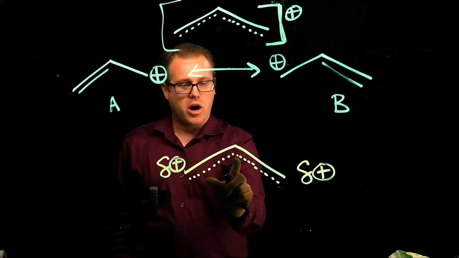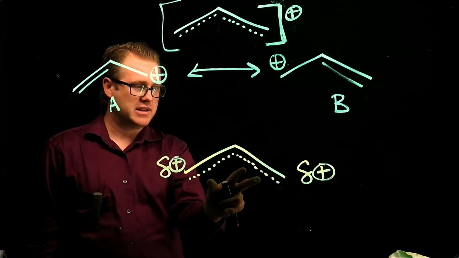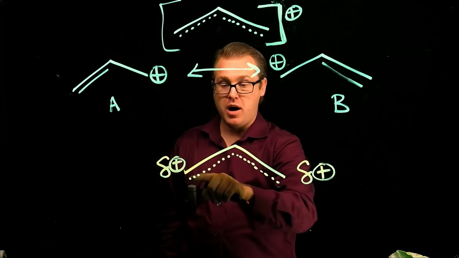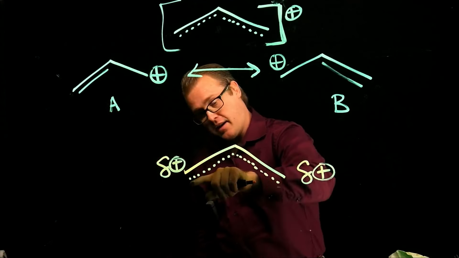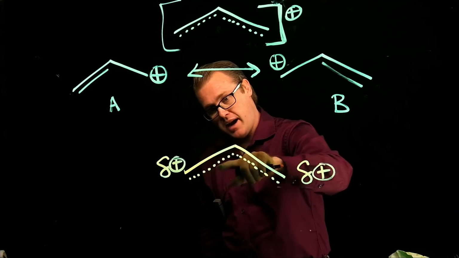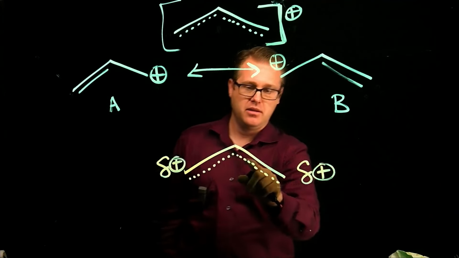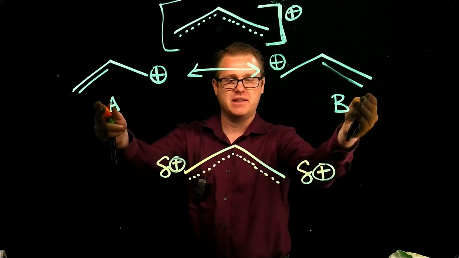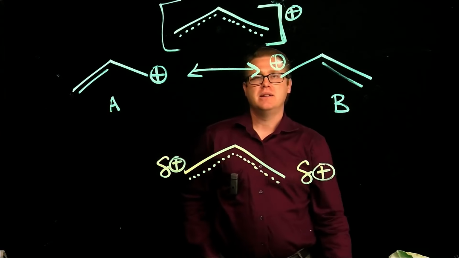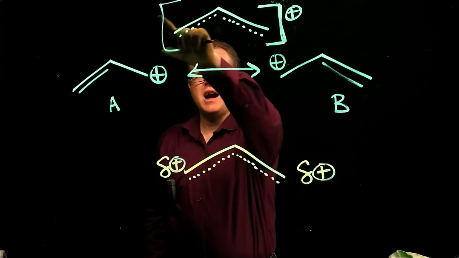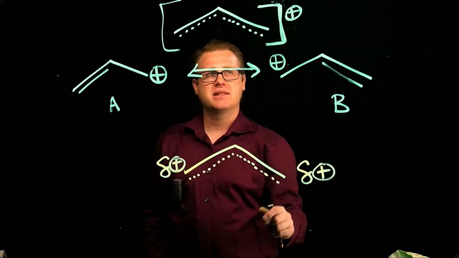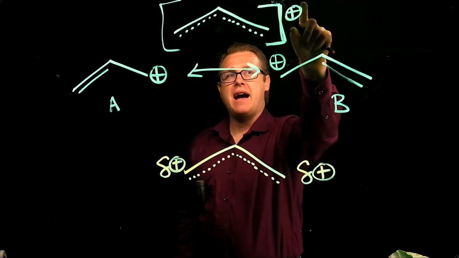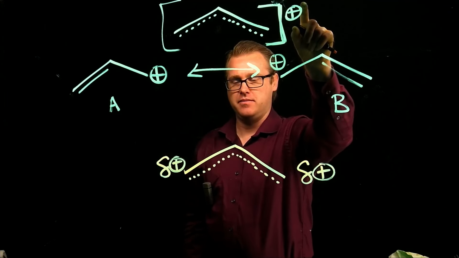So this is how I want you to draw resonance hybrids. You're going to show me where the partial positives are, where double bonds are. So when I look at this, I could say this double bond is breaking and forming. This double bond right here is breaking and forming. That's what the two resonance structures are showing me. So this resonance hybrid right here in brackets is telling me, hey, bonds breaking and forming, and we have an overall charge of +1.